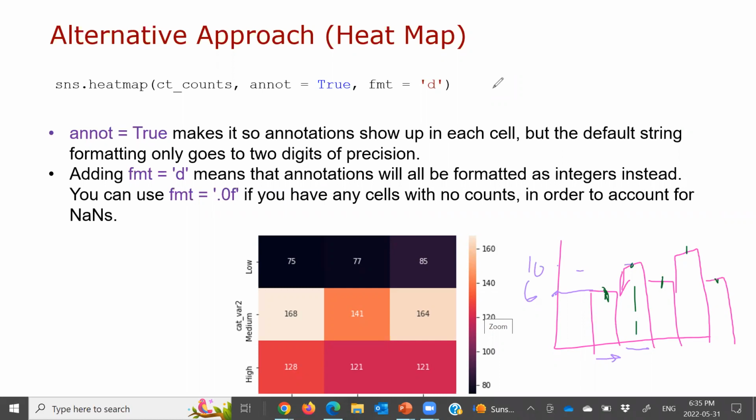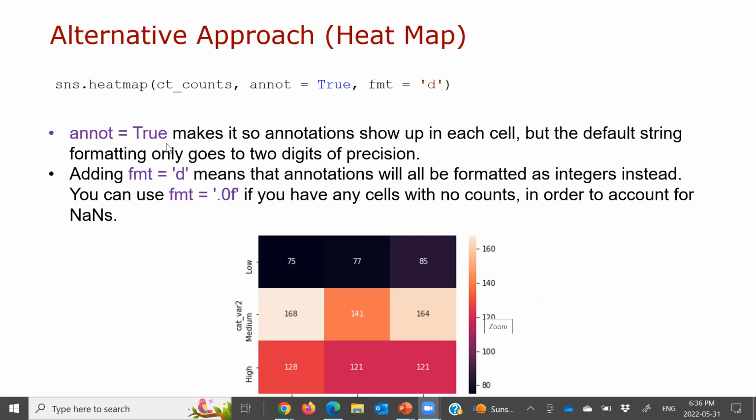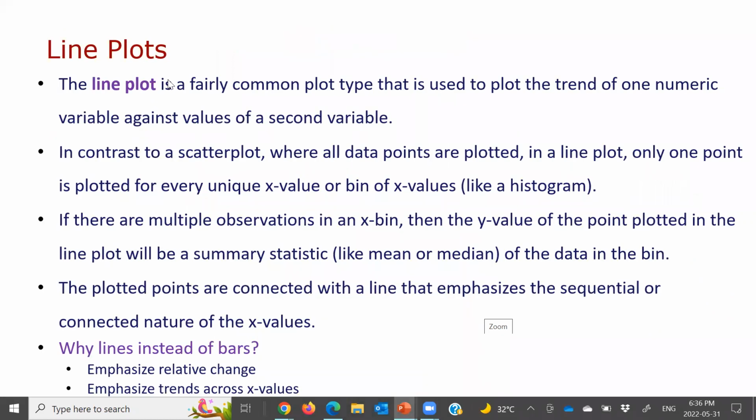And now the trend is going to be something like this. Connect the points together. This line here is the trend line that I have told you about.